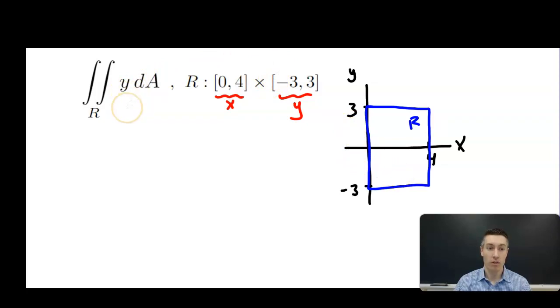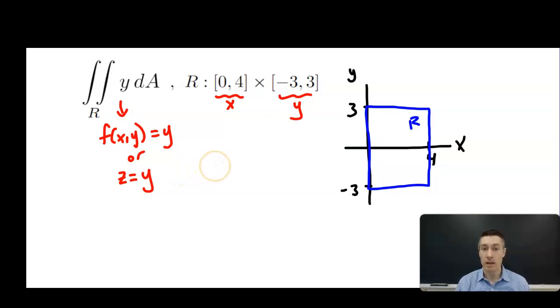The actual function, f of x, y equals y, or you could think of this as z equals y. We can try to sketch this in 3-space and come up with an argument in 3-space. That definitely works. But since this is only in terms of z and y, and x doesn't affect the surface, let's just look at what it would look like in the yz plane.